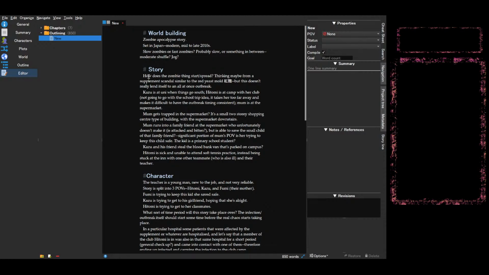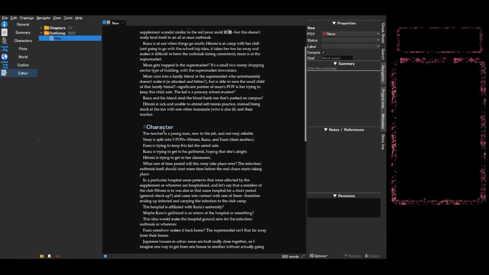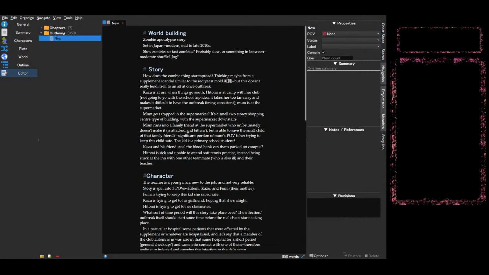Story would be anything plot wise, like what actually happens. Obviously any ideas for parts, story beats, scenes, anything like that. Character, obviously, is any sort of character information.